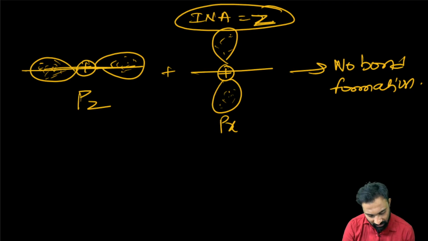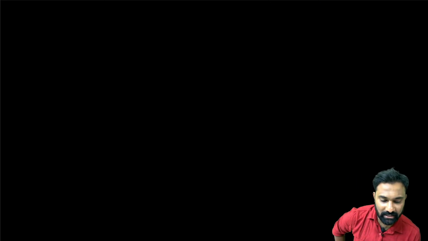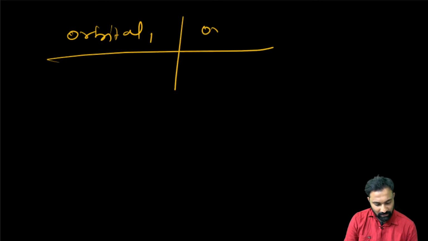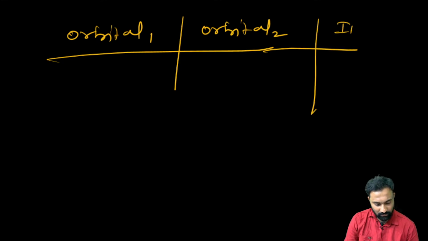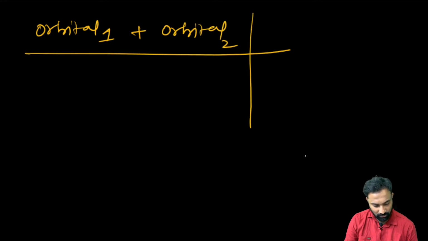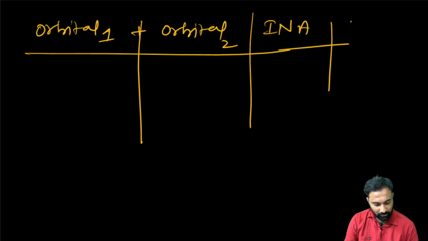Now next I will write. Here I will write orbital 1, orbital 2, INA, and type of bond.